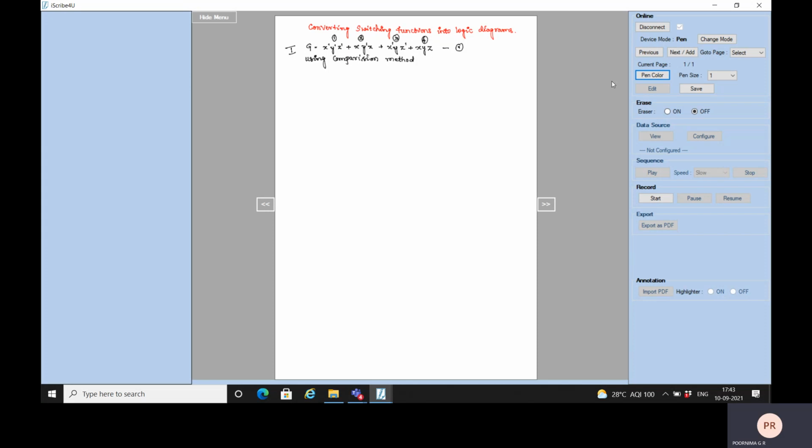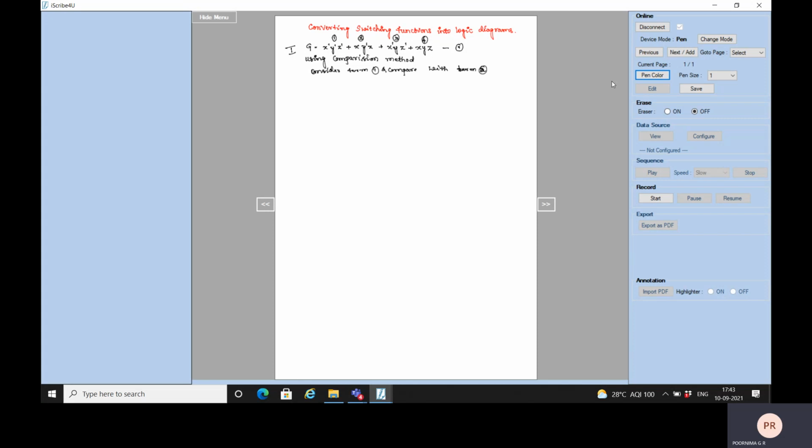When the comparison method is applied, you compare each term with the subsequent terms. Let me consider term 1. Compare it with term 2, term 3, and term 4, and so on until all the terms have been covered.